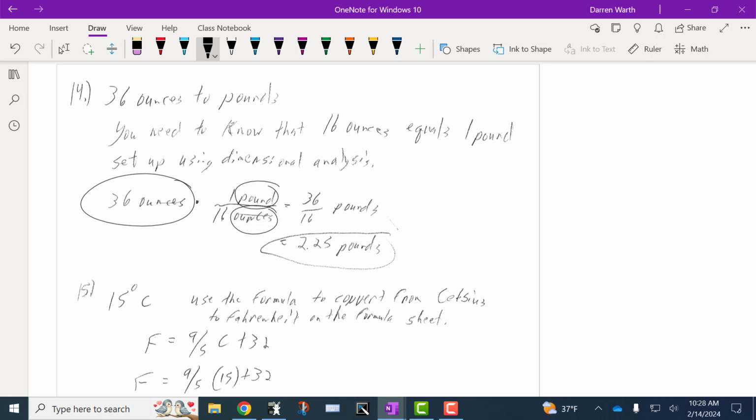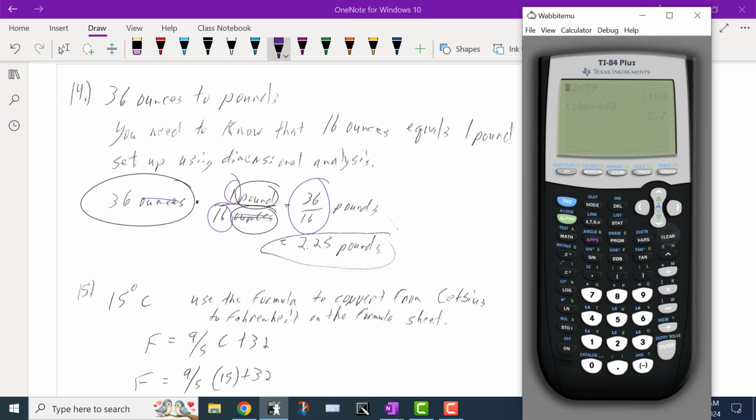I know that 1 pound is equal to 16 ounces. Multiply those together, and you're going to get 36 divided by 16. Notice your ounces cancel out, and you're left with just pounds. Take your calculator, take 36 divided by 16, and that comes out to be 2.25 pounds.